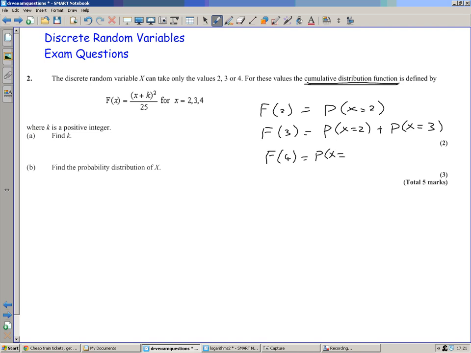And remember that only 3 values are possible with this random variable: 4, 3 or 2. So basically the key to this is recognizing, of course, that one of these has got to happen because the sums are 1, so we've got F4 equals 1.